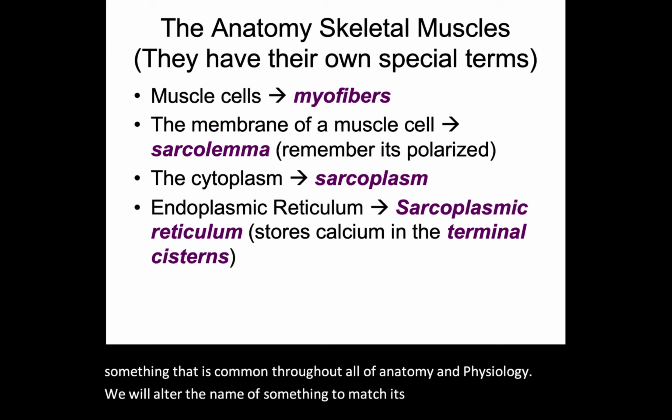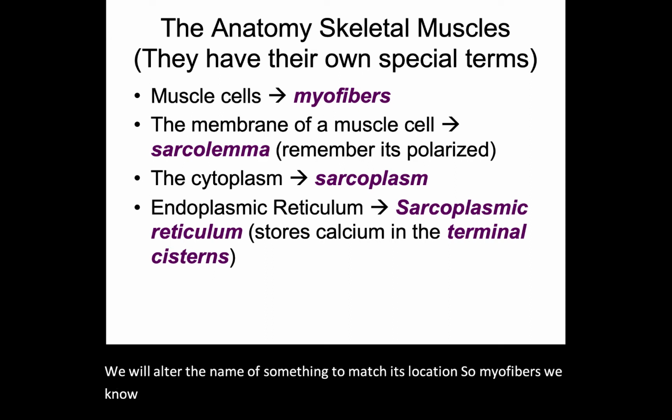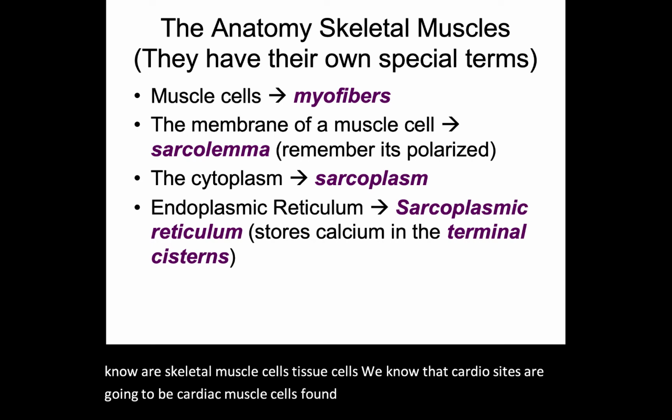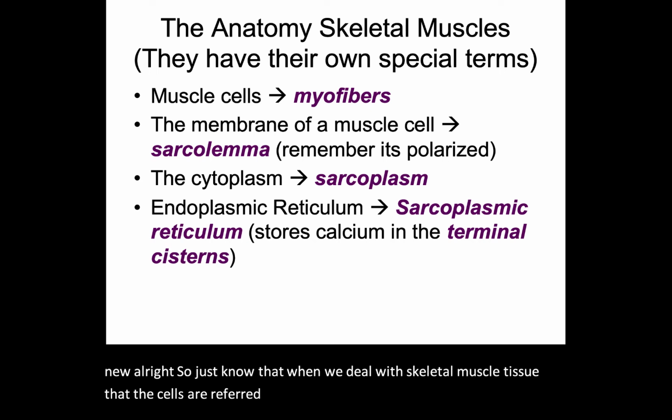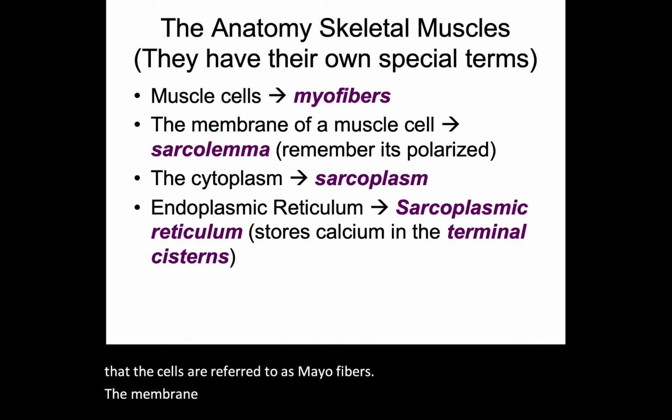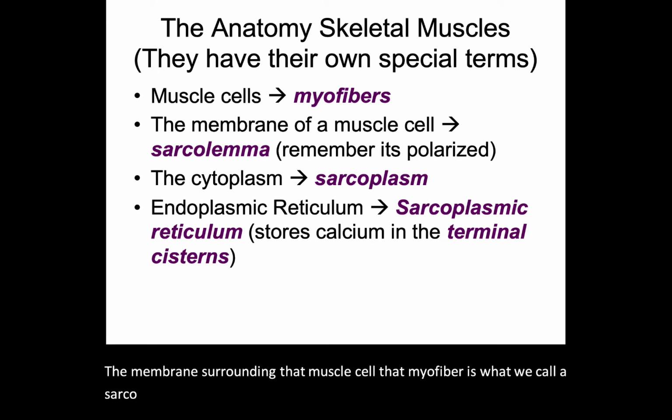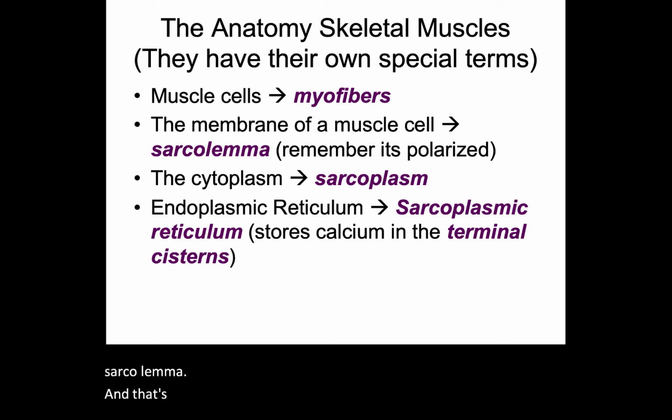So myofibers we know are skeletal muscle cells. We know that cardiocytes are going to be cardiac muscle cells found within the heart. This is nothing new. So just know that when we deal with skeletal muscle tissue, the cells are referred to as myofibers. The membrane surrounding that muscle cell, that myofiber, is what we call a sarcolemma. And that sarcolemma is what we would define as being polarized.